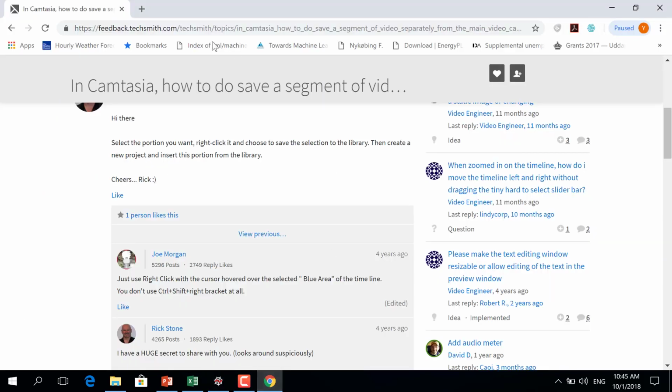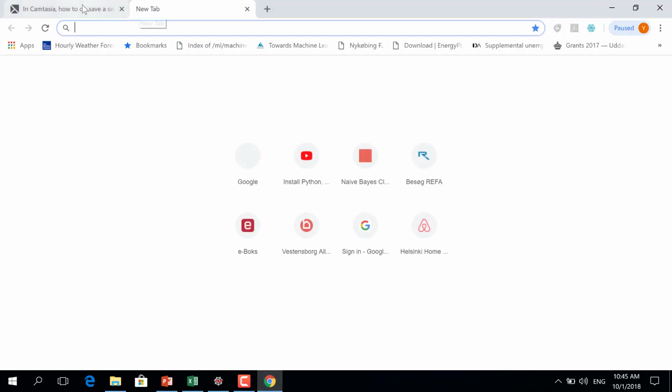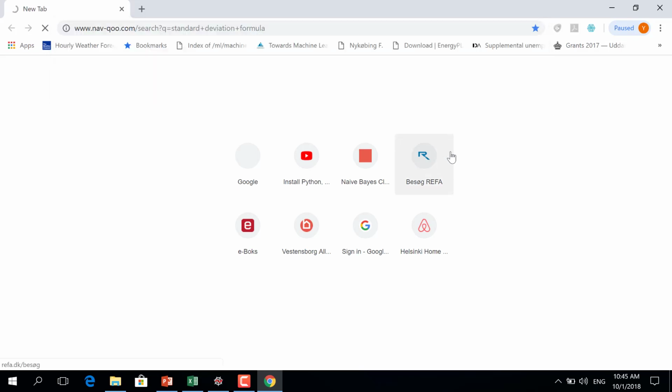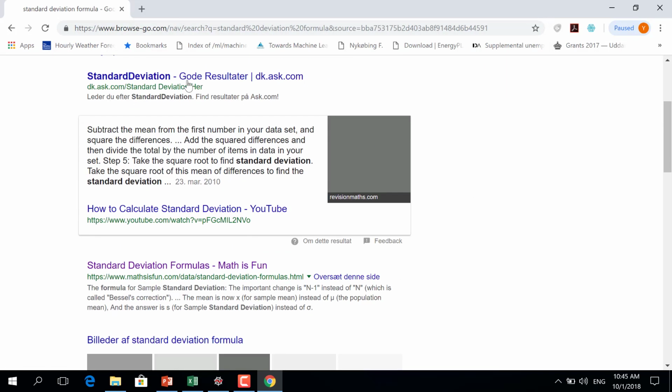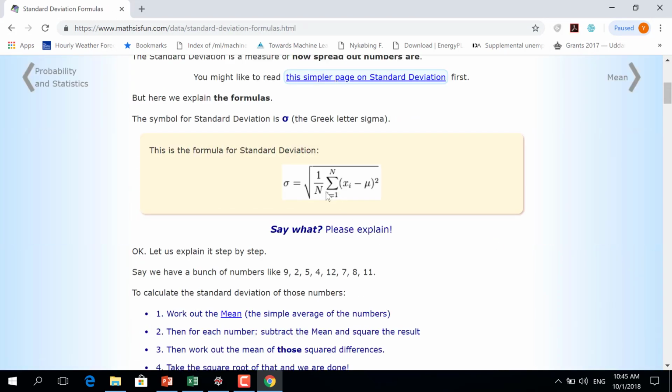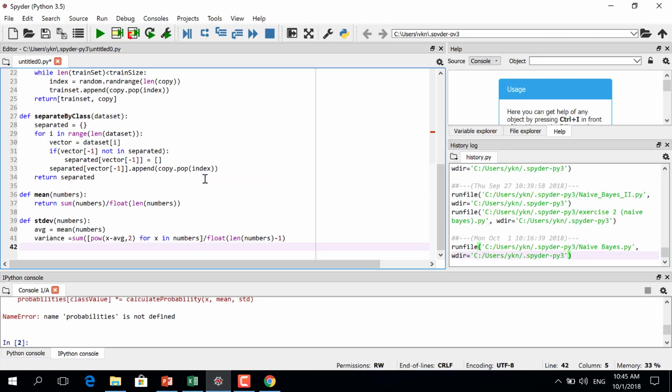Let's say, for instance, you look up the standard deviation formula. So x minus the average, squared, and then we sum these values and divide by n. The question is why we should consider n minus 1 here.